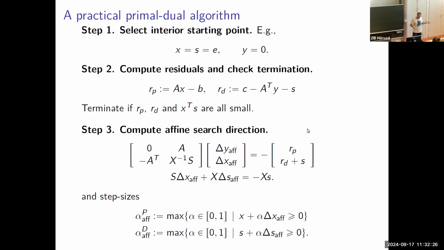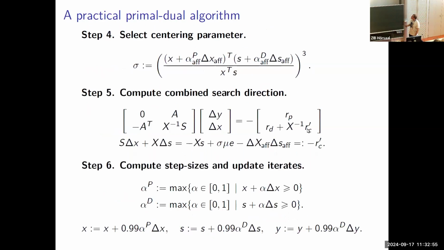We're just computing this affine search direction to use for another heuristic that we'll get to. But anyway, the third step is computing the affine step direction, and then the affine step size for the primal and dual variables. We have to pick a step size between 0 and 1 so that the updated x and s remain non-negative.